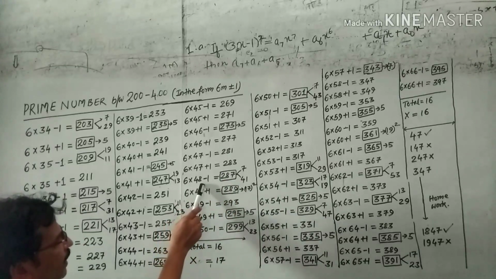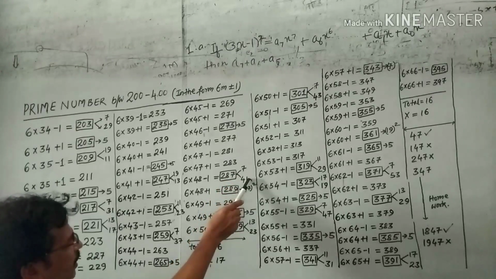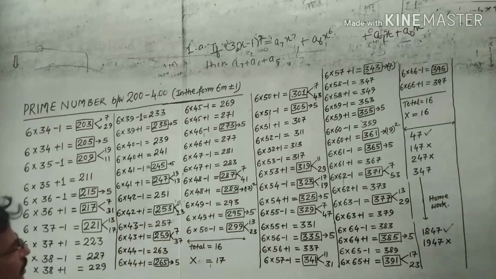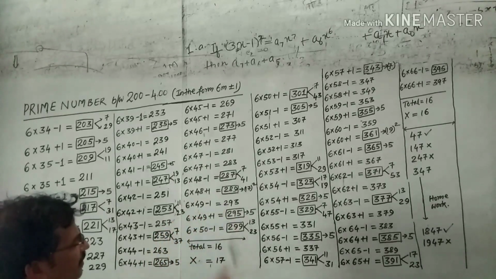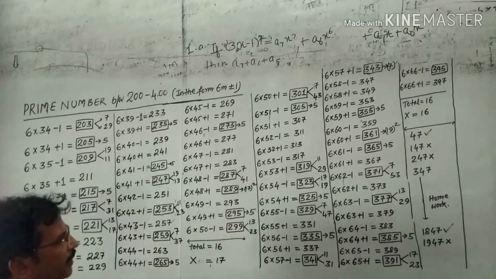6 into 48 minus 1, 287. It is having factors 7 and 41. So it is not a prime number. 6 into 48 plus 1, 289. It is a square number, 17 times 17, square of 17.